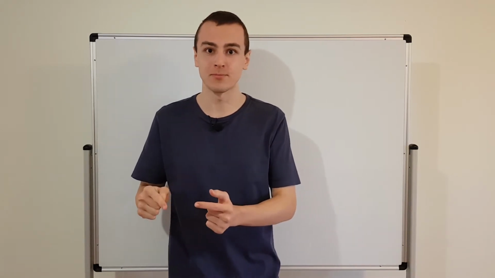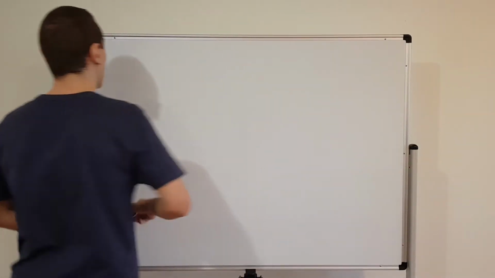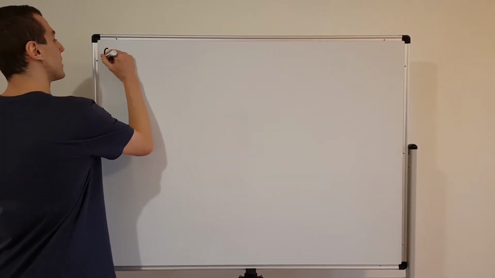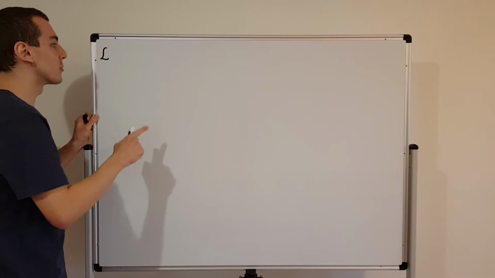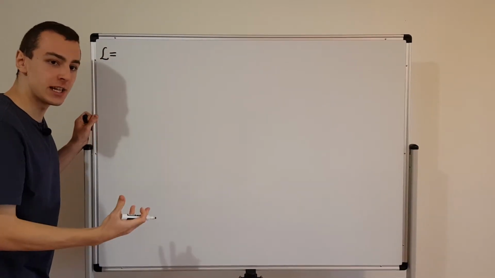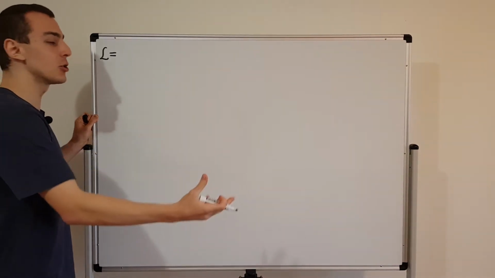In this video, I'm going to begin by writing down the Lagrangian for the Transmon. And we're going to see some similarities to the Lagrangian for the quantum LC circuit. So let's begin. Fancy L is going to denote the Lagrangian. And the Lagrangian will consist of two terms over here. The first term is going to be like the kinetic energy, and the second term is going to be like the potential energy.